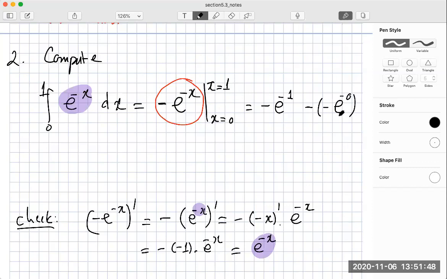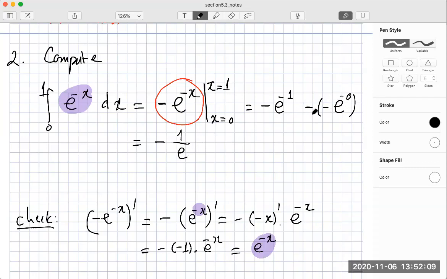Then what is it here? Yes, 1 over e. Thank you.